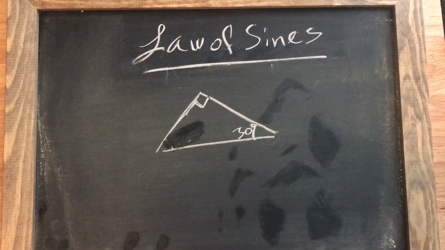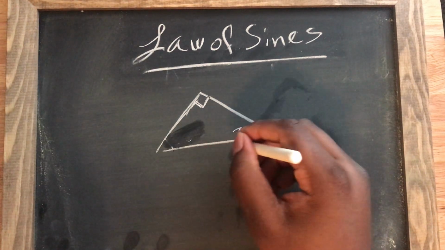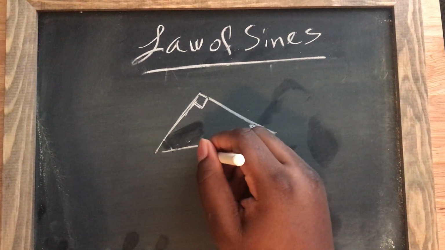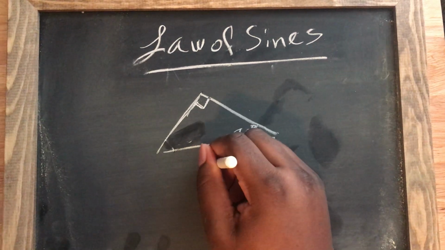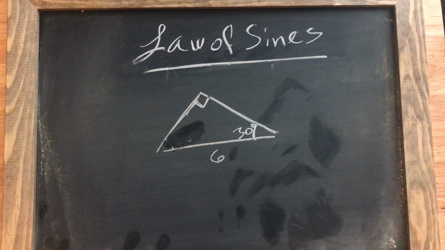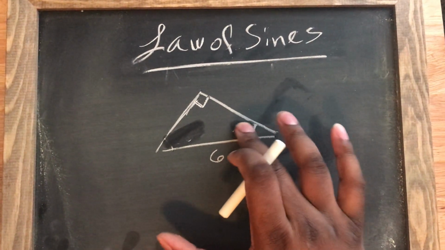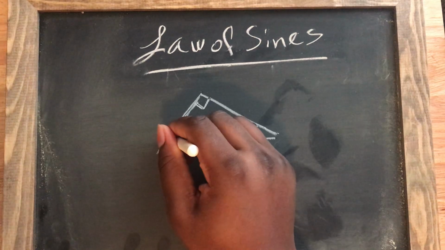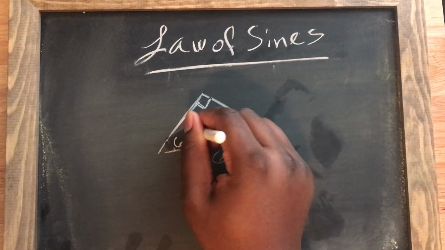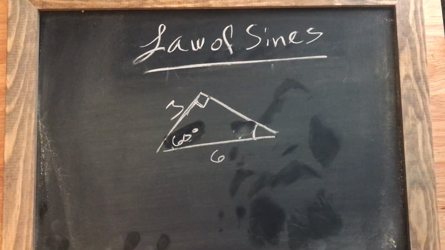All right, that said, let's say that we know that this side is 6. Okay. And actually, I'll tell you what. Instead of looking at the 30 degree side, let's look at the 60 degree side. Say we know this side is 6. This side is 3.